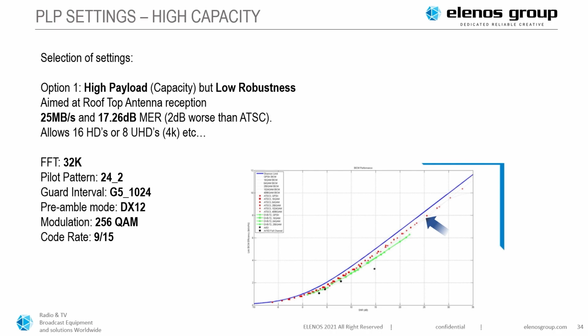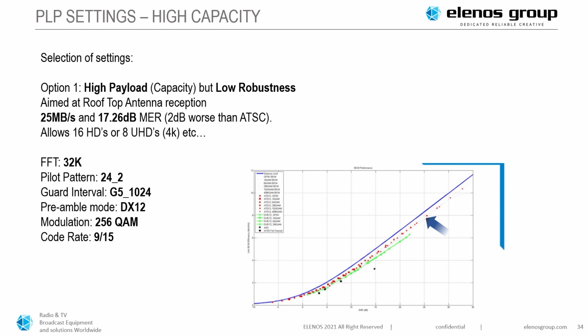There are standard settings that you can start off with, and then you have to experiment in terms of receivers, in terms of the customers you're getting. Are they really getting the best signal? You can start to increase the bandwidth and reduce robustness, or you can decrease the bandwidth and increase robustness as the customers need.